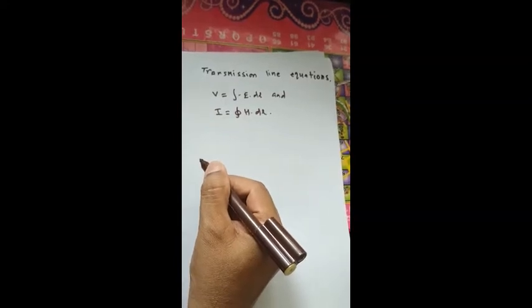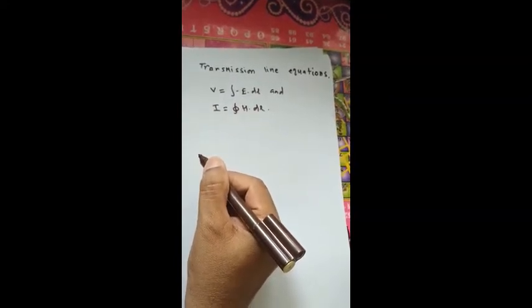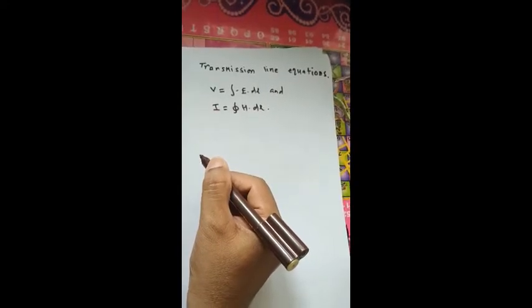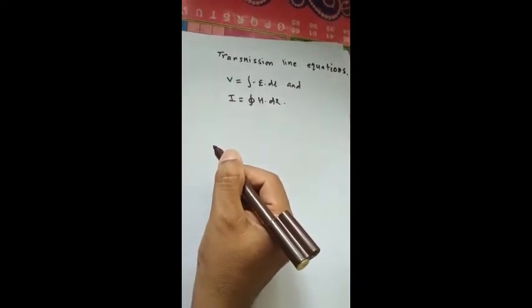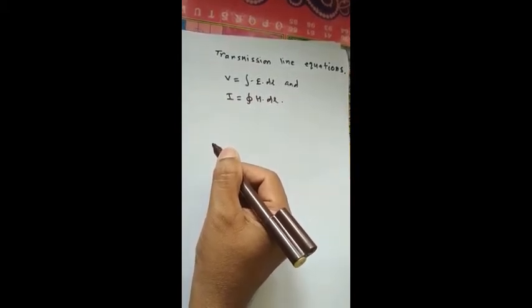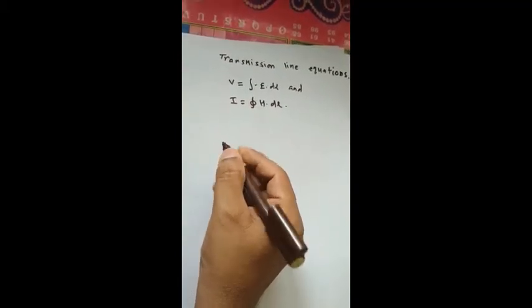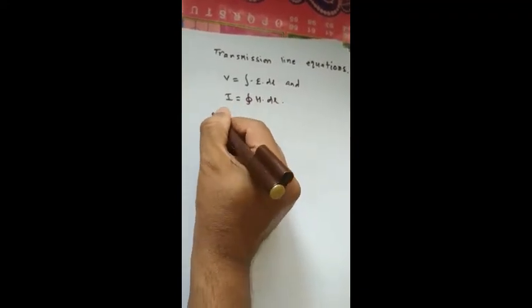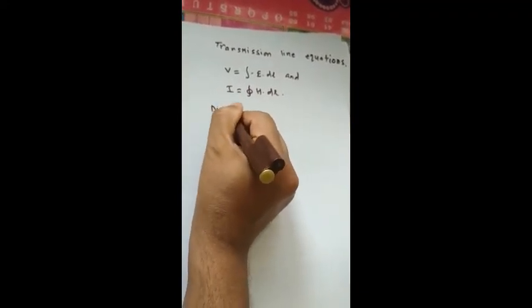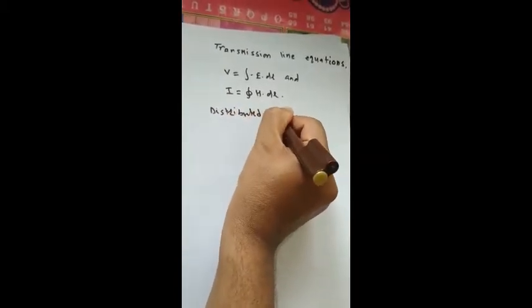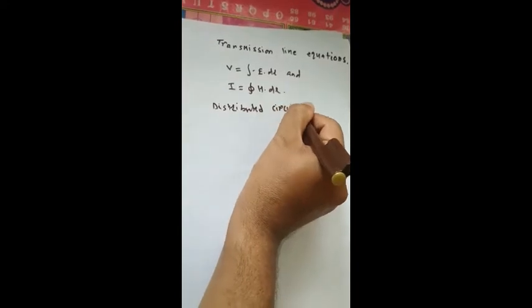The solution of the Maxwell equations involves the three space variables and the time variable, while if we use the distributed circuit theory, then it involves only one space variable in addition to the time. So for getting the transmission line equations, we will use the distributed circuit theory.